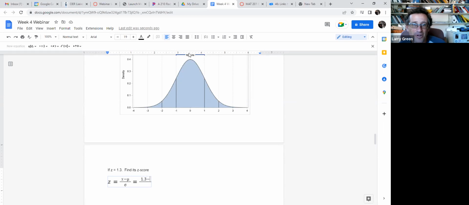So here's our standard normal curve. Here's our center. It's 0. 1.3 minus 0. What's the standard deviation? Remember I mentioned that? Nice and easy. That's a hint. It's 1. Okay, now my hope is you don't need a calculator to do this in your head. What's 1.3 minus 0 divided by 1?